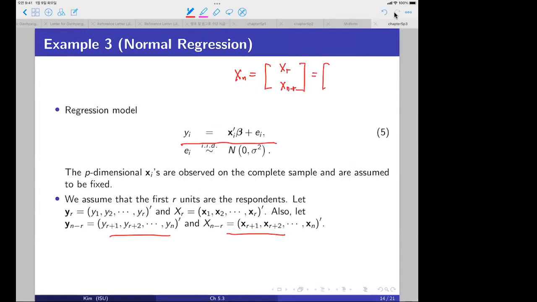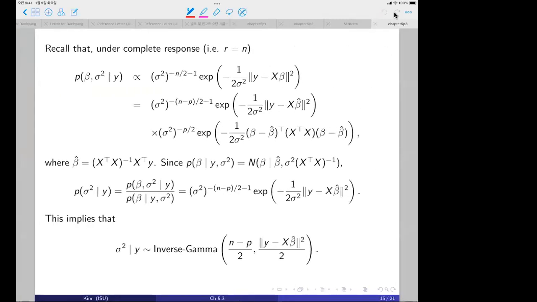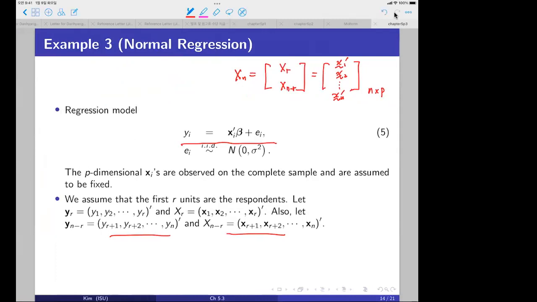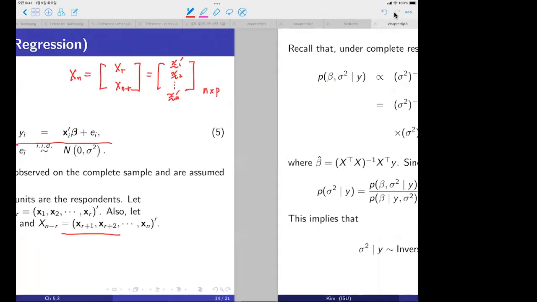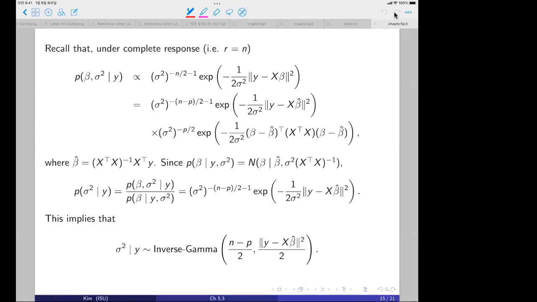So you have x1 prime, x2 prime, up to xn prime. So that is n times p, n rows and p columns. So we want to do a Bayesian way of multiple imputation and then develop the variance estimation.